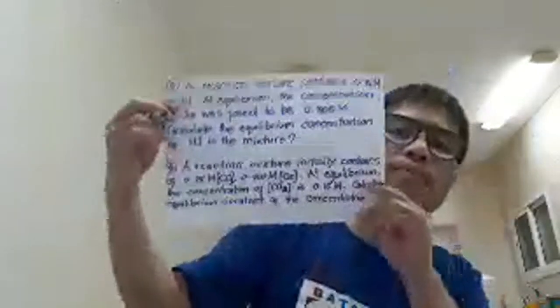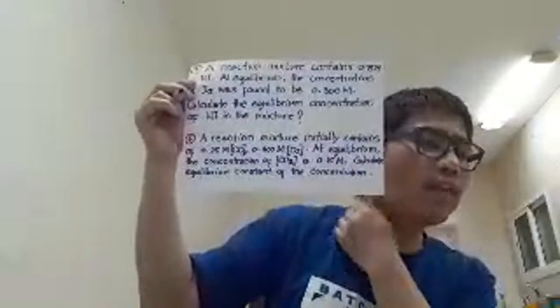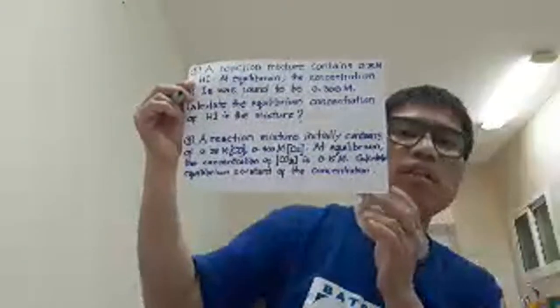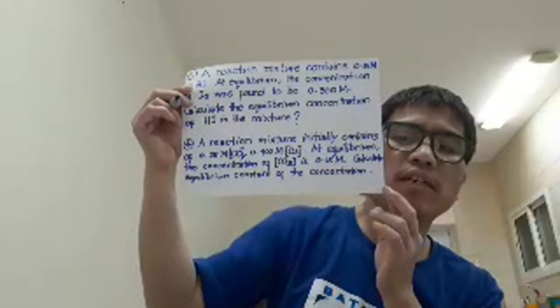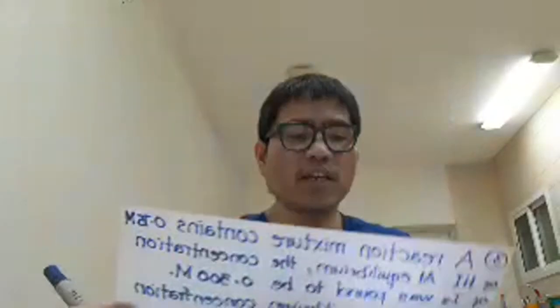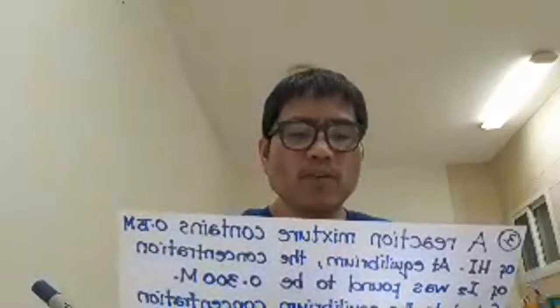Number 4. Okay. Is there a stated equilibrium concentration? Okay, it's here. A reaction mixture initially contains 0.25 molar CO and 0.45 molar CO2. At equilibrium, the concentration of CO2 is 0.15. Only the CO2 is given at equilibrium.